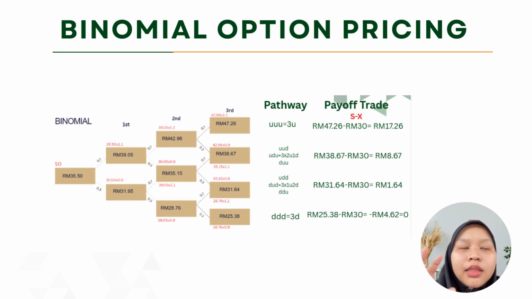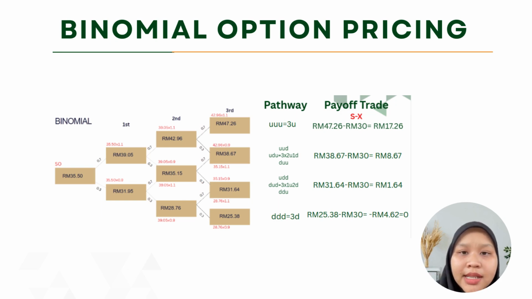And the last one, the fourth case, is the out of the money case, which is DDD. The final stock price is 25 ringgit and 38 cents. The calculation is the same: 25.38 minus 30 ringgit, which gives negative 4.62. This is the most important part of our option theory.